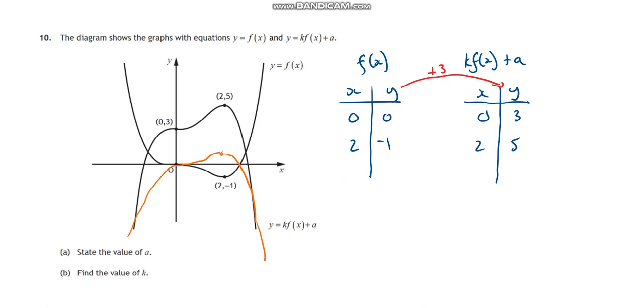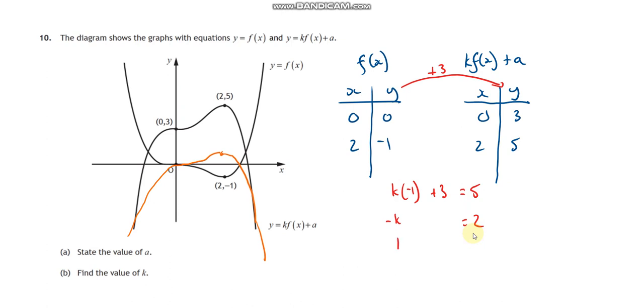So let's try and think of a wee equation for this. We could say, okay, k multiplied by negative 1, because that's the initial value, add 3 is going to give me 5. So we'll work back the way. We'll say, okay, k times negative 1, so that'll be negative k, is equal to 2 if I take away 3 from this.